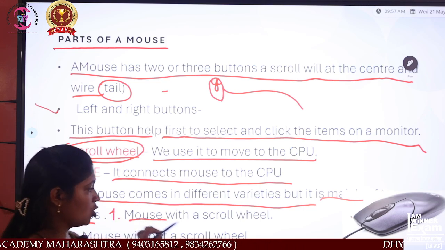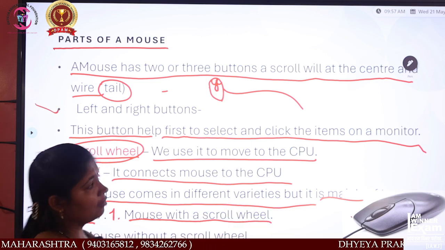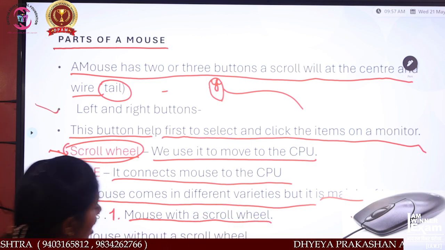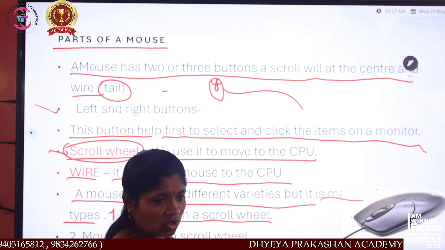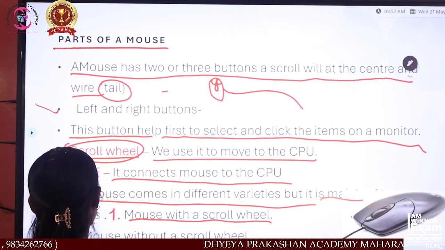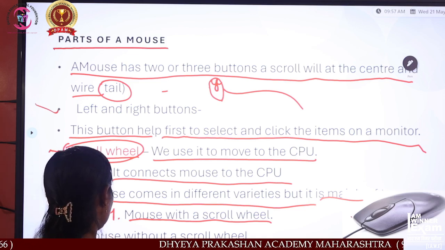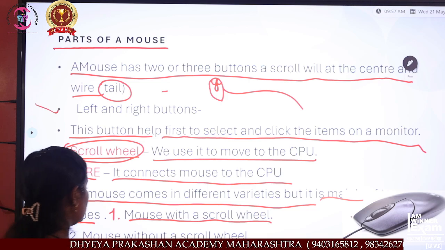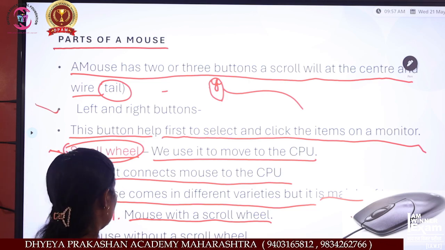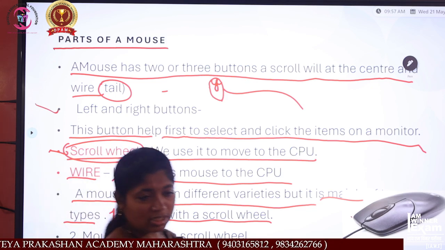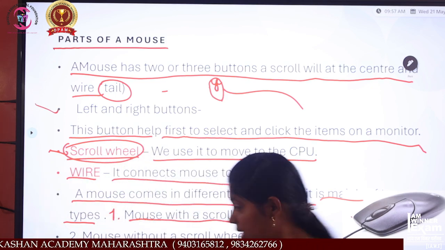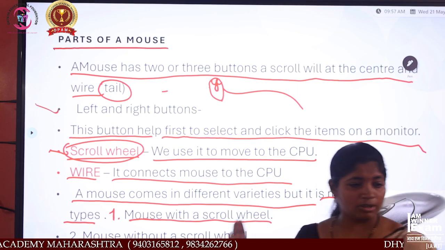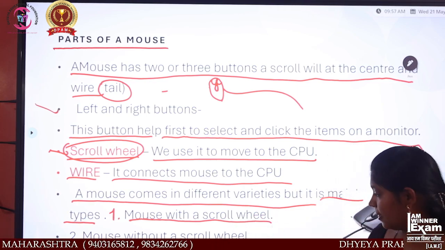The first type is a mouse with a scroll wheel, and the second type is a mouse without a scroll wheel.